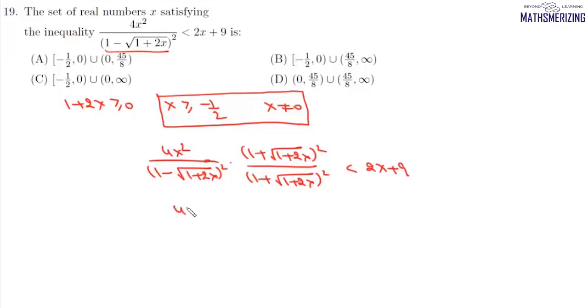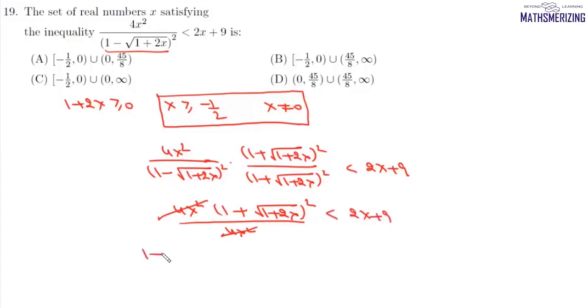Now here it will be 4x square into (1 plus under root of (1 plus 2x) whole square), and it will be less than, this is a minus b into a plus b, so it will be a square minus b square. So here 1 and 1 will cancel, and we'll get this as 4x square. So we'll cancel this 4x square with 4x square, and it will be less than 2x plus 9.